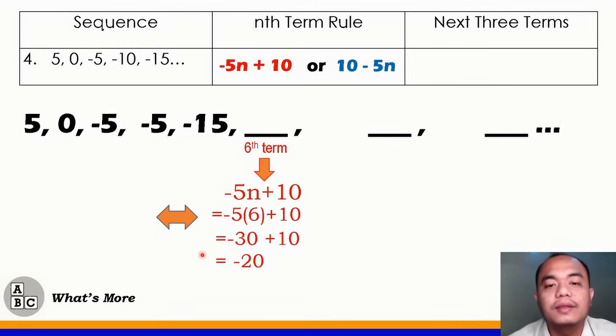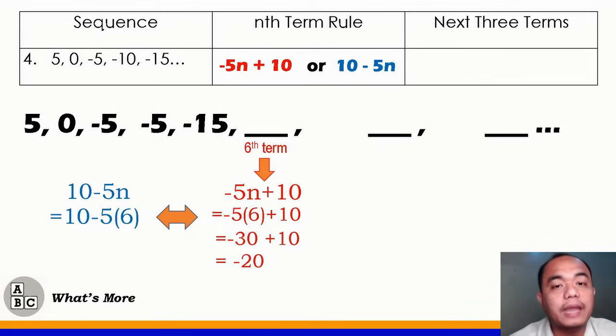Let's solve using the n term 10 minus 5n. This is to show you that negative 5n plus 10 and 10 minus 5n give the same result. So this is 10 minus 5 times 6.